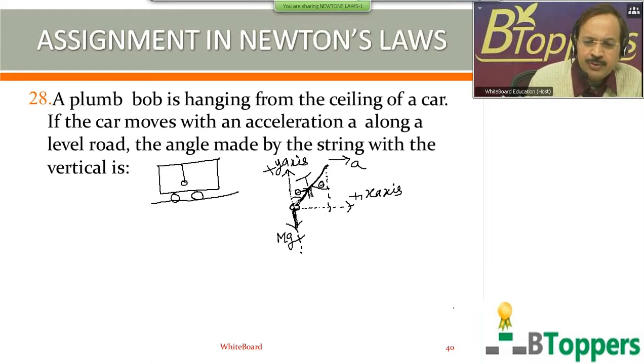So you can resolve the tension force into two rectangular components along y-axis and x-axis. The component of tension which acts along y-axis, which makes angle theta with the direction of the tension force, will have magnitude T cos theta. The other component of tension will be equal to T sin theta.